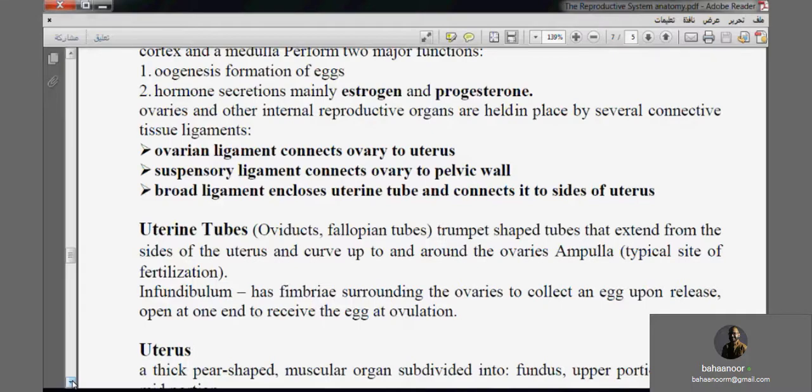There is a part called the infundibulum, which has fimbriae surrounding the ovaries. What is its function? To collect an egg upon release, open at one end to receive the egg at ovulation.